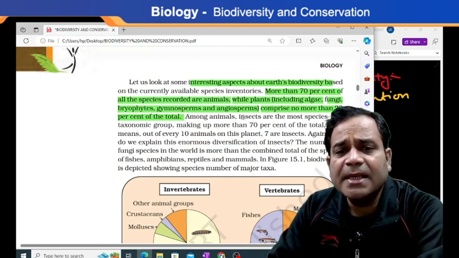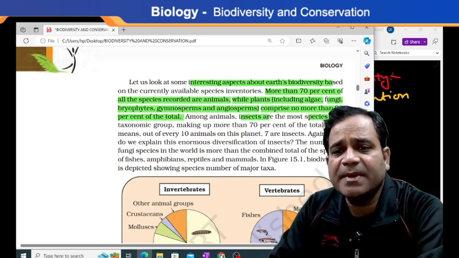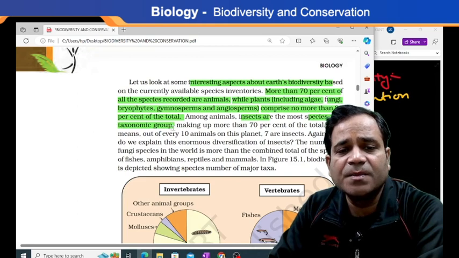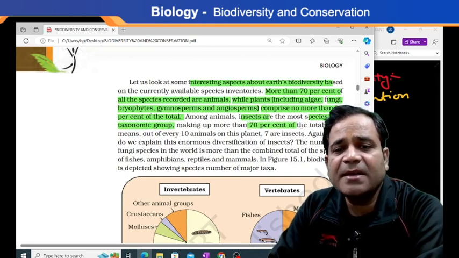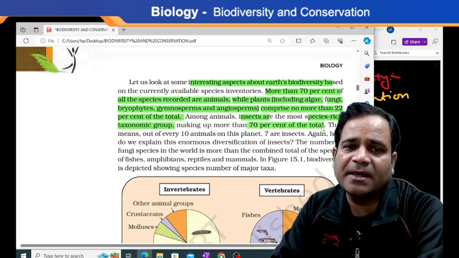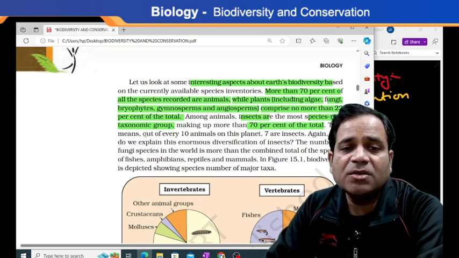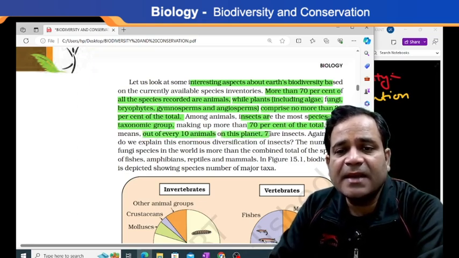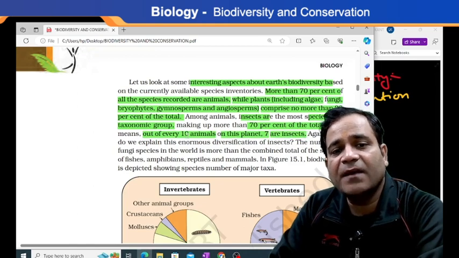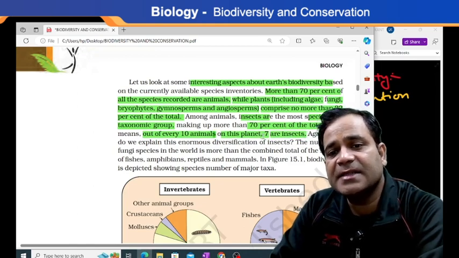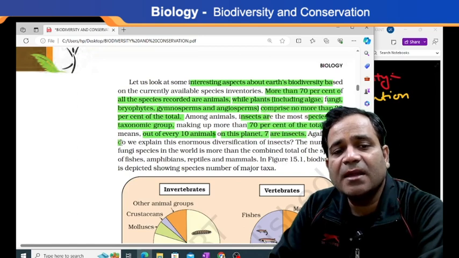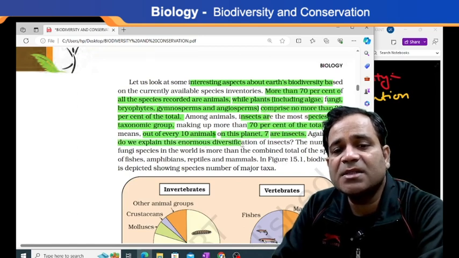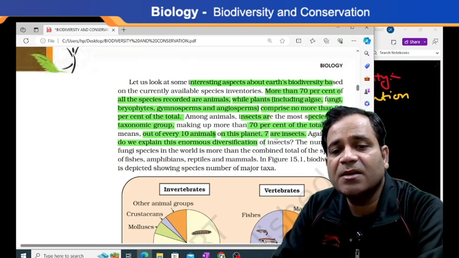Among animals, insects are the most species-rich taxonomic group, making up more than 70% of the total, my dear. That means that out of every 10 animals on this planet, 7 are insects. Again, how do we explain this immense diversification of insects, my dear?